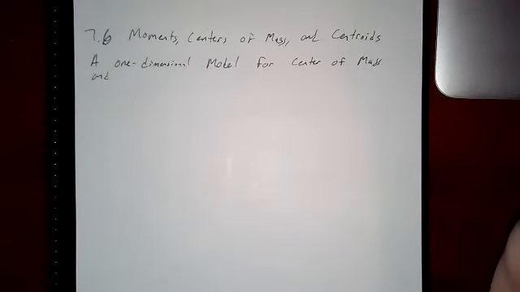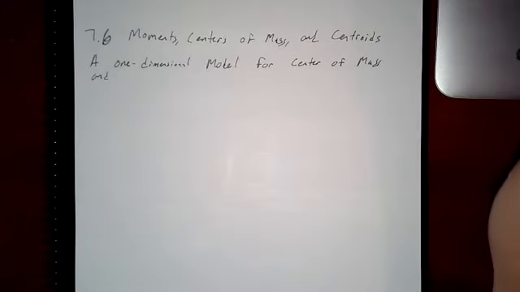Or if you balance a plate on a stick without it falling, you're putting it on the center of mass. And it can be found on any object using calculus.